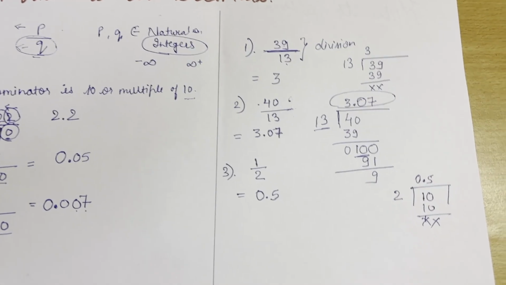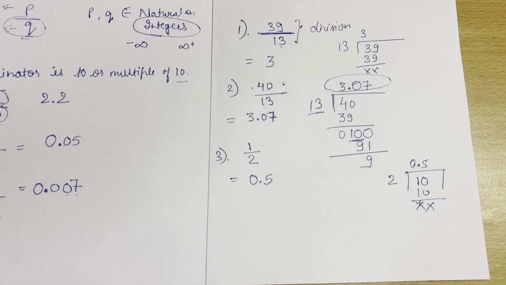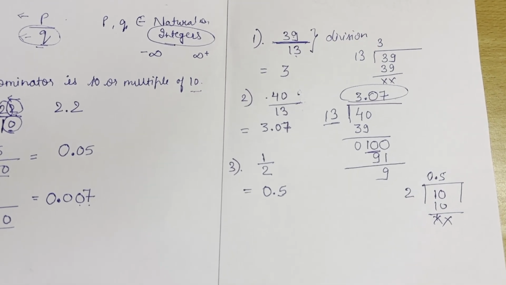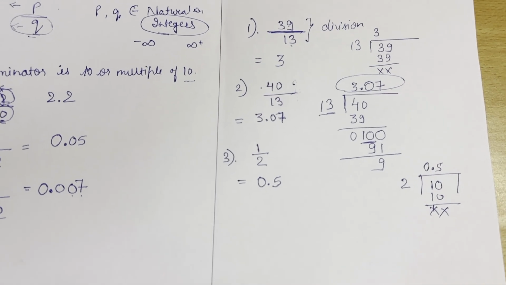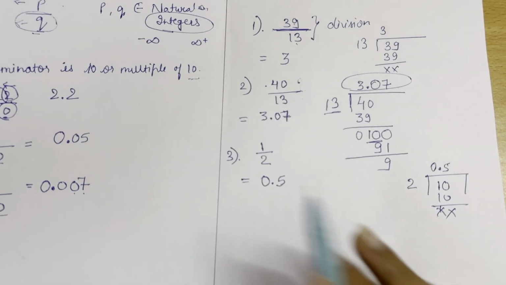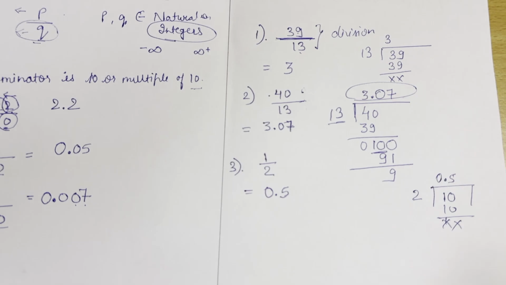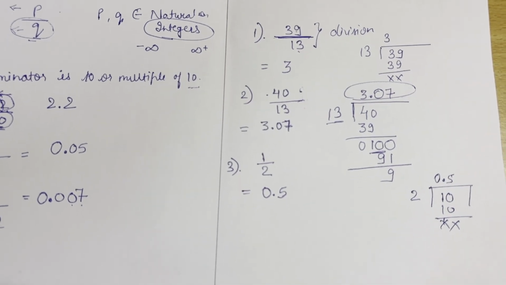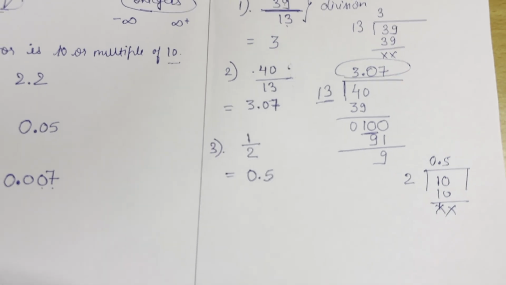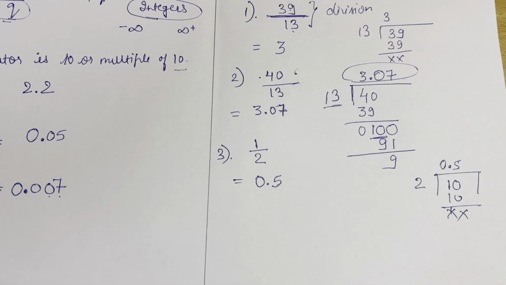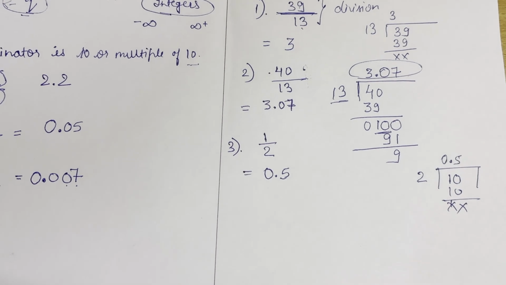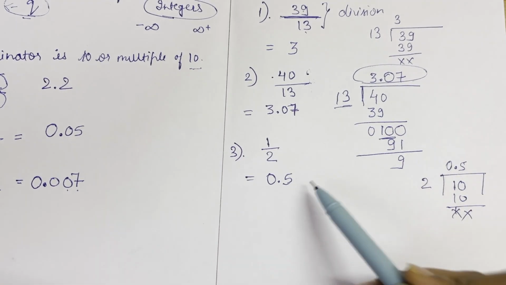The next part, as we saw, if we want to convert the fraction to decimal when the denominator is not 10 or a multiple of 10, we'll go with the division method. If the number is completely divisible, we'll get an integer or a natural number. But if it isn't completely divisible, we'll get the result of the fraction in decimal points, as we saw in examples 2 and 3.